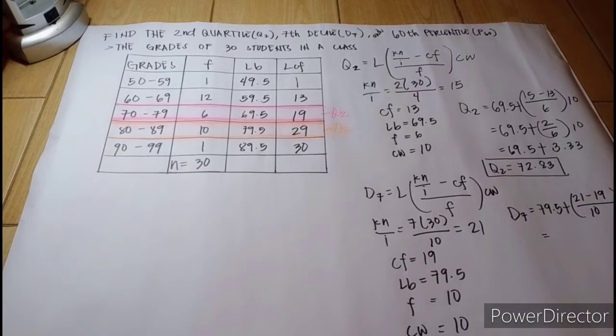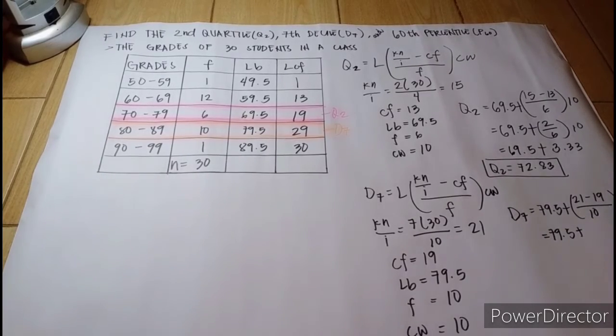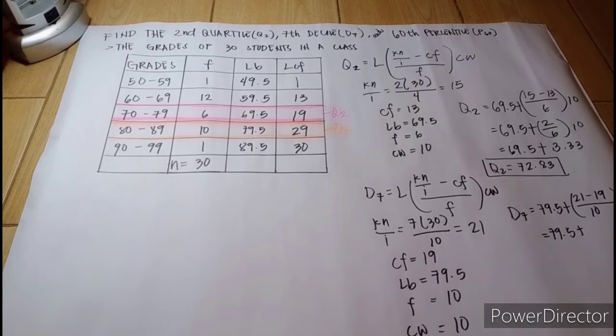Again, first we solve this one. 21 minus 19, that is 2 over 10 times 10.